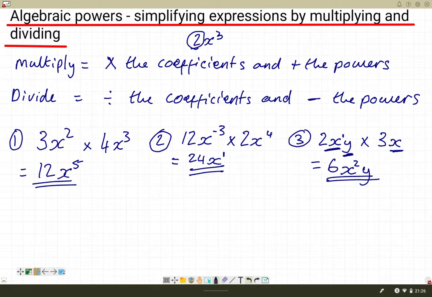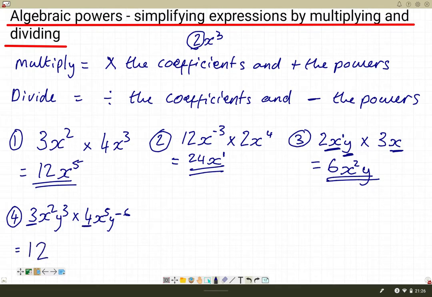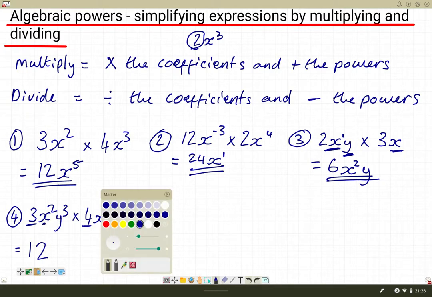Okay, let's say we have 3x squared y cubed times 4x to the power of 5 y to the minus 6. Okay, so same thing again, multiply the coefficients. 3 times 4 is 12. Okay, then I have x squared times x to the power of 5.